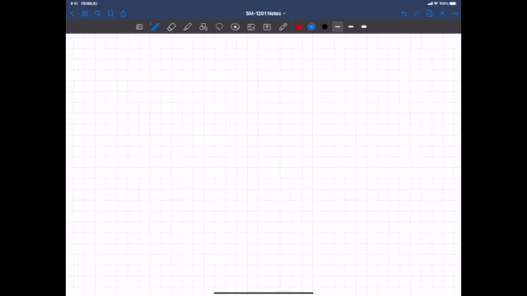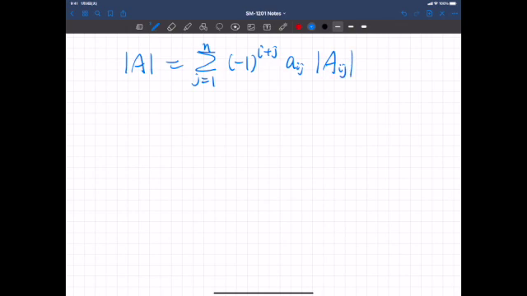Now let's return to the definition of the determinant again. So the determinant of A was defined to be this summation. We pick any row of the matrix, let's say the ith row. Then that is -1 to the power of i plus j, and a_ij, and this smaller matrix A_ij.